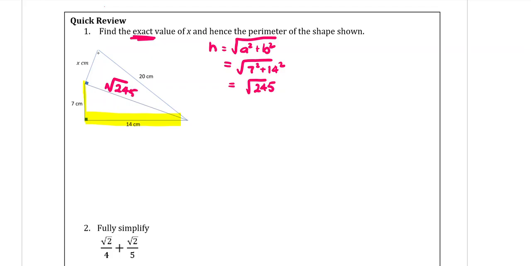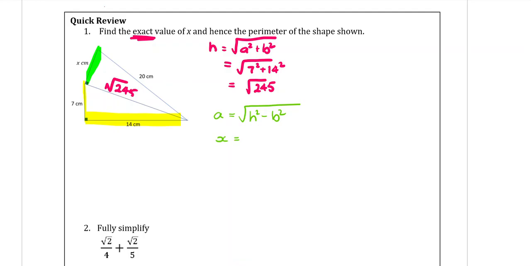Now we are going to find the shorter side in the second right angle triangle. The formula for that is a equals the square root of h squared minus b squared. A just stands for the shorter side, but our label is an x.